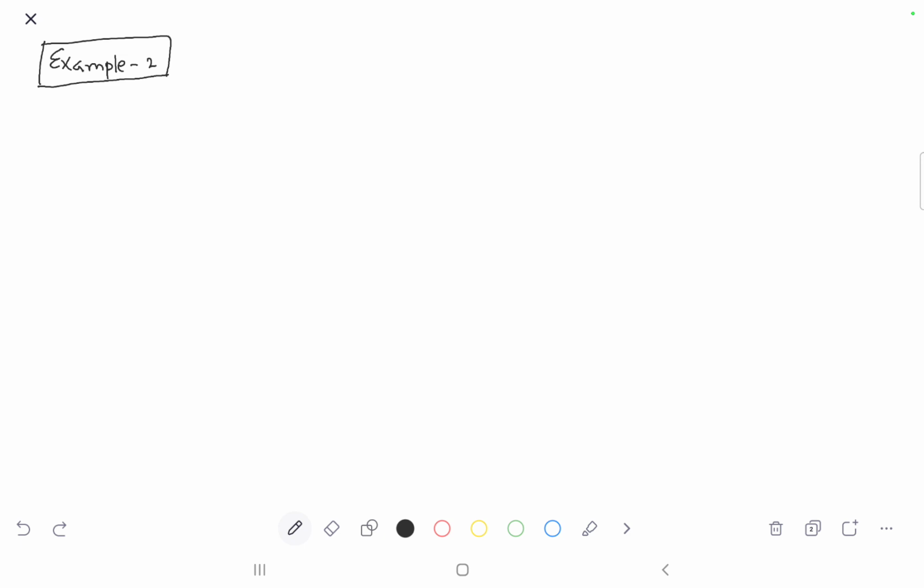So here is an example: the limit as x tends to minus infinity of (5x square minus sin of 3x) divided by (x square plus 10) equals 5. Okay, Mayan?